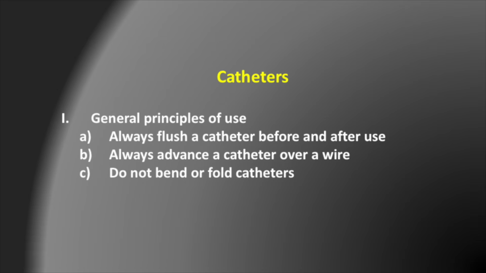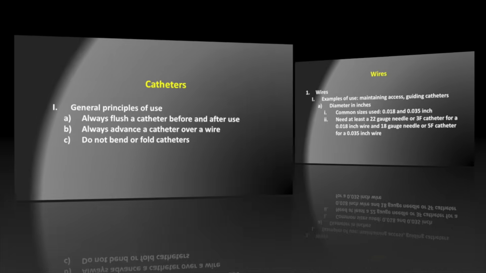In general, you also want to advance a catheter over a wire. There are going to be exceptions to this depending on what you are doing, but this is in general the safest way of advancing the catheter through vasculature. In addition, you don't want to bend or fold catheters because they can maintain the bend or fold that you've placed to it and then not return to their original state.